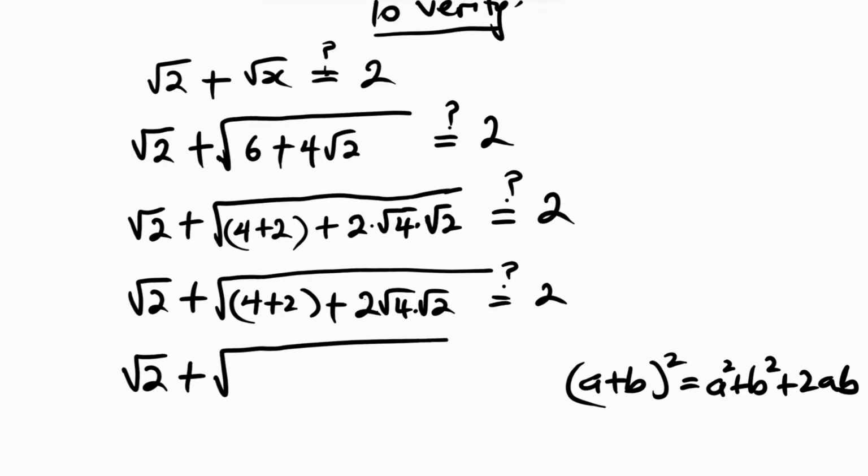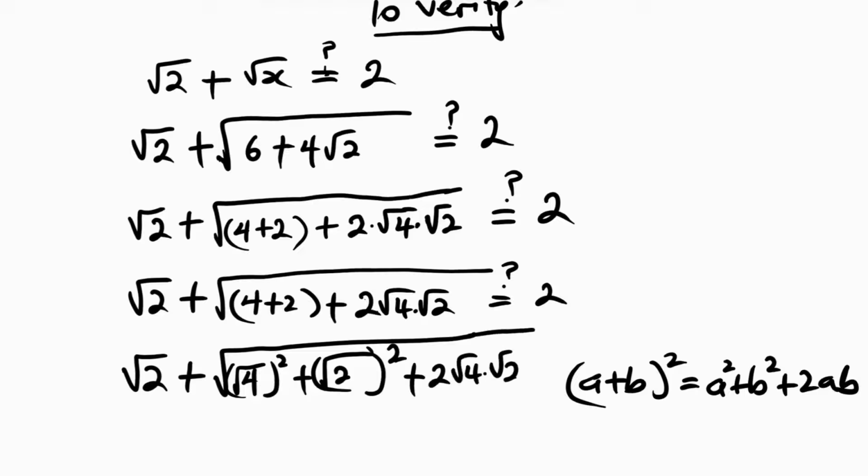So now this becomes root of 4 squared plus root of 2 squared plus 2 root 4 root 2. And we're trying to see if this is going to be equal to 2.